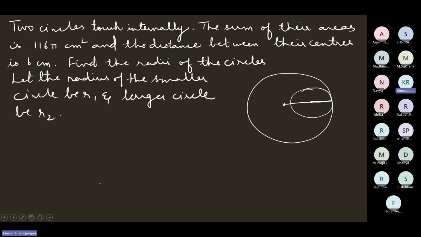Let the radius of the smaller circle be R1, larger circle be R2. So now how do you express the distance between their centers, children? R2 minus R1 is equal to 6.